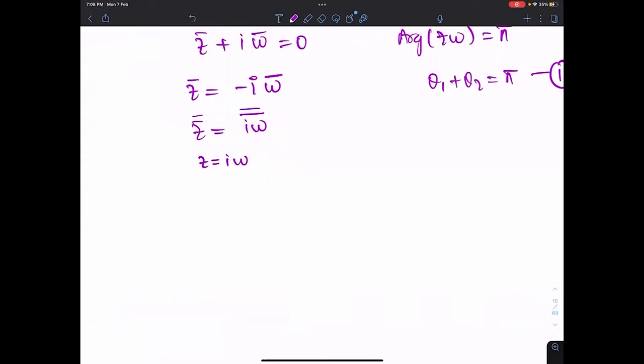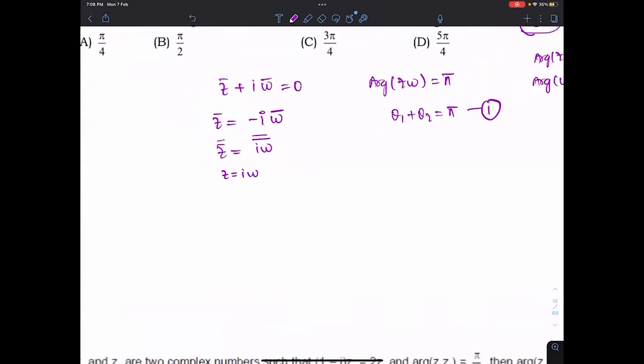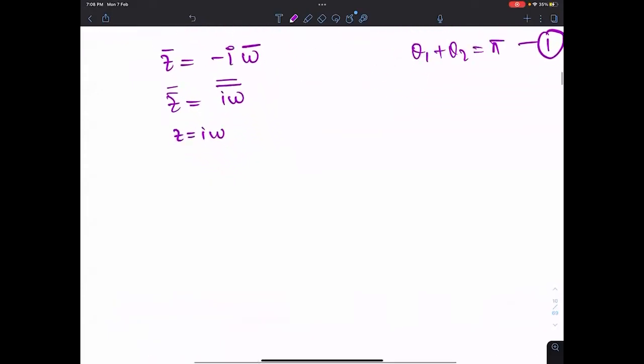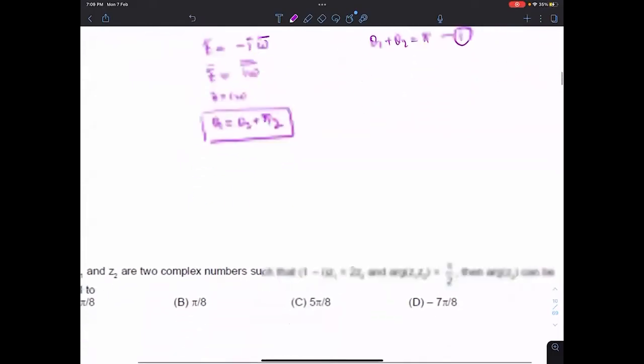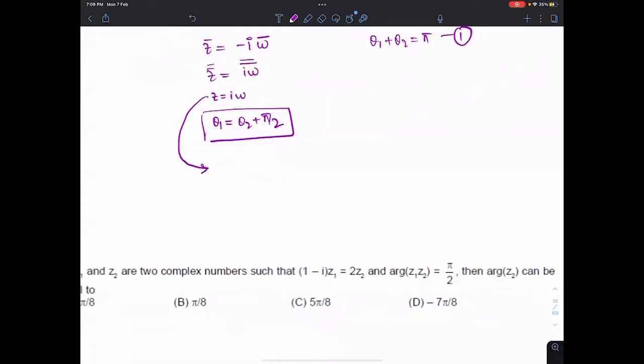Okay. So if you understand rotation, directly I can write here that theta 1 is equals to theta 2 plus pi by 2. Because rotation I'll come to it later, after like 5-10 minutes. Let's say forget about rotation. Just apply argument on both sides. Argument of iW. What is argument of Z? Theta 1. What is argument of Z1 Z2?